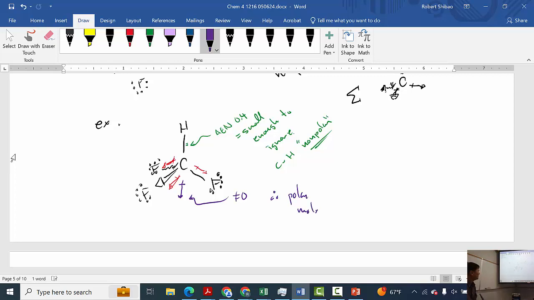And so what we say is that this is a non-zero molecular dipole. Therefore, this is a polar molecule. Now, when we say a polar molecule, it's going to have a positive and a negative end to it.